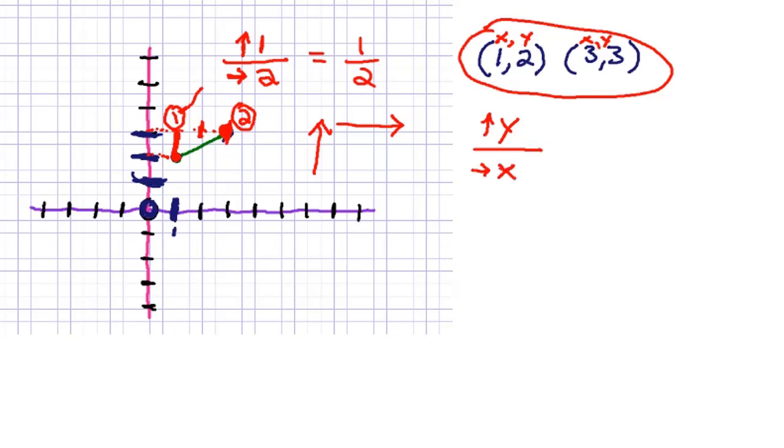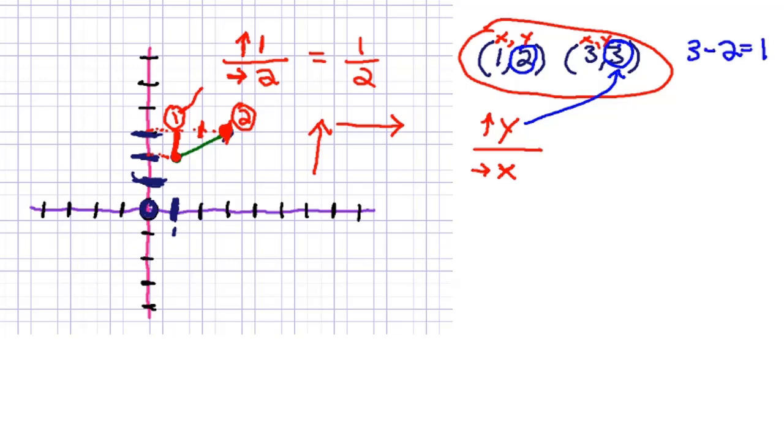So the difference between the last y, which is 3, and the first y, which is 2, you just subtract those.